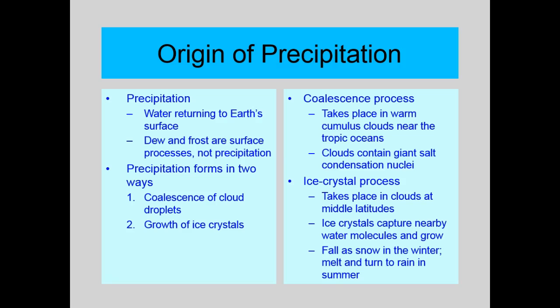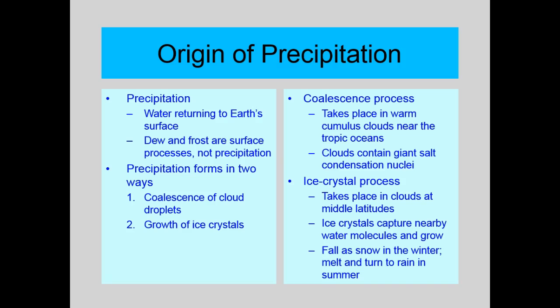The Arctic Circle is 23.5 degrees from 90, which would be 66.5 degrees north. So from 23.5 to 66.5, plenty of regions there. The closer you get to the Arctic Circle, it's more Arctic. The closer to the tropic, it gets a little subtropical. But the ice crystal process takes place mostly there. That's where we live. Most of our rainfall is going to come out of ice crystals, believe it or not.